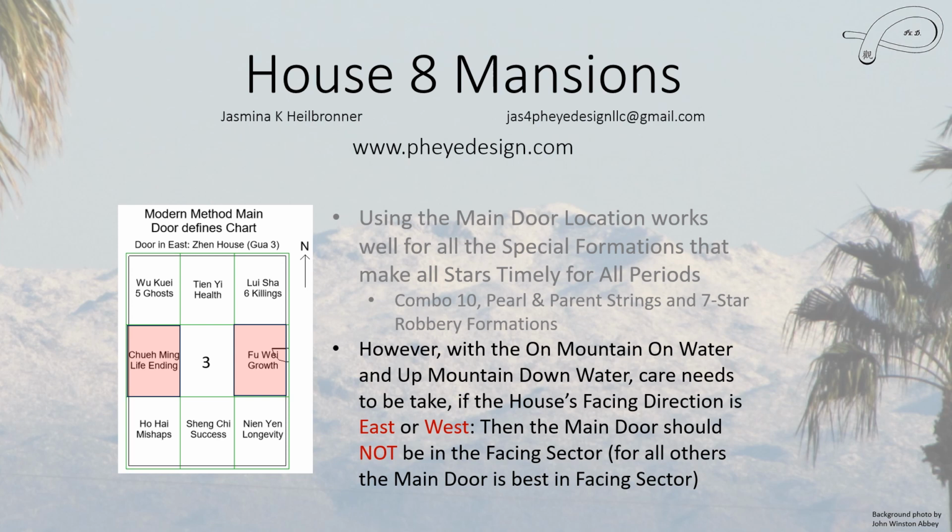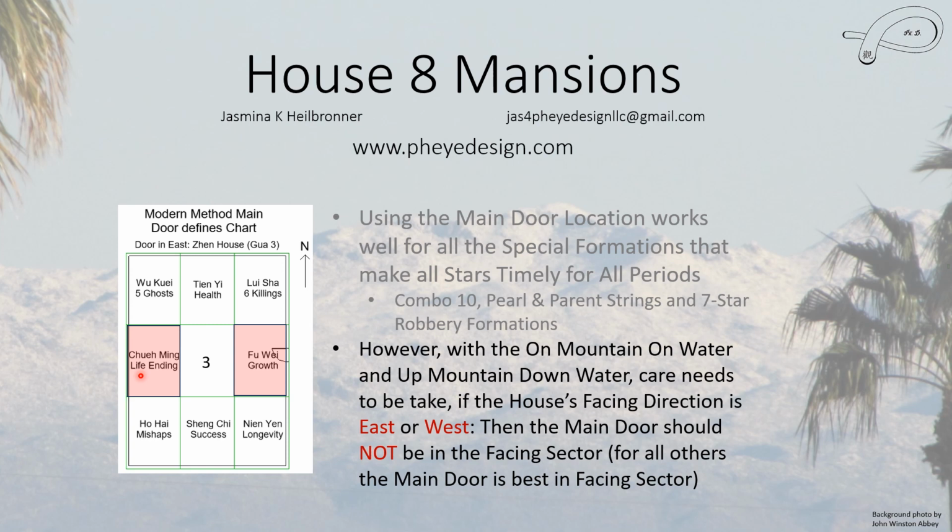Now, houses that have the facing direction of either east or west are going to have this problem because the west one will have the life ending here and the growth here, which we saw was 7, the call number 7.